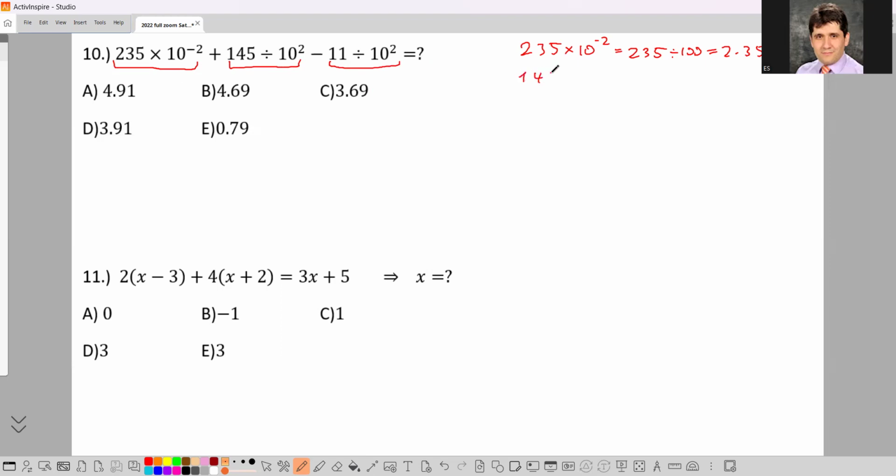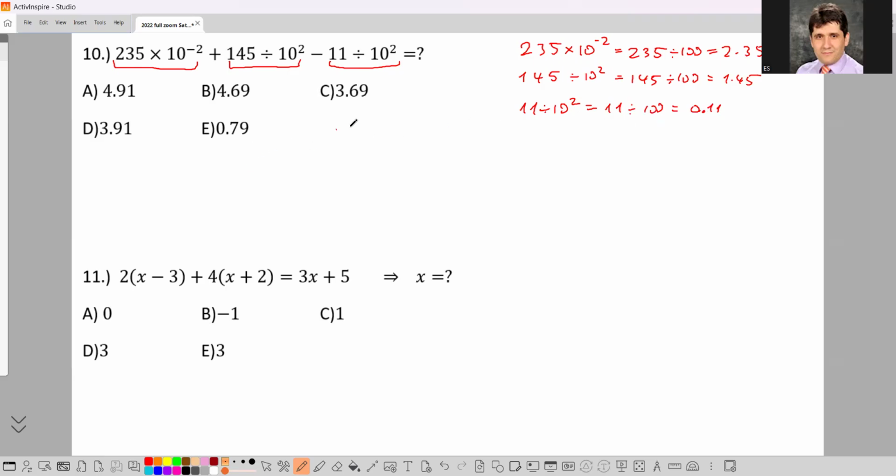So you get 145 divided by 10 squared, that is 145 divided by 100, that is 1.45. And the last one is 11 divided by 10 squared, that is 11 divided by 100, that is 0.11.